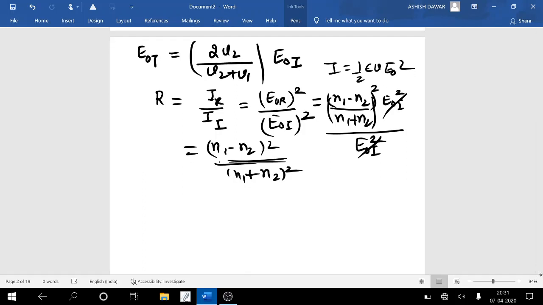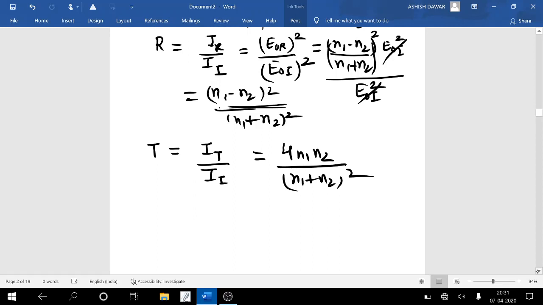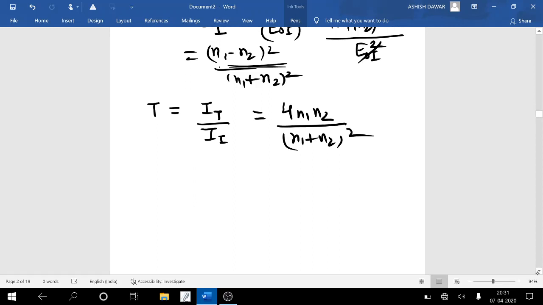So similarly, transmission coefficient T equals IT upon II, and on solving it becomes 4 N1 N2 upon N1 plus N2 square. And you can easily show that R plus T is equal to 1.